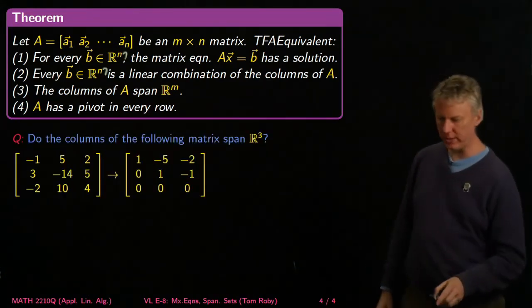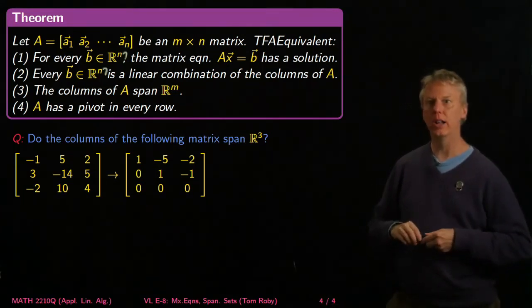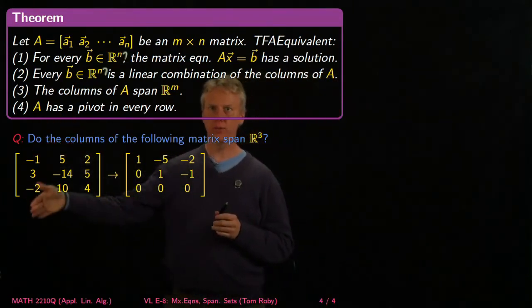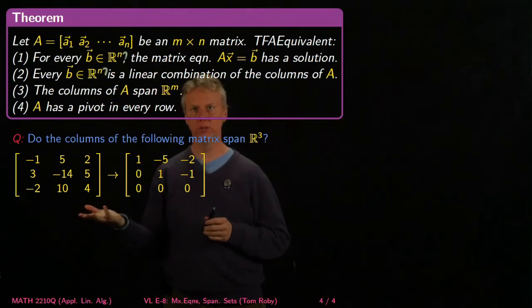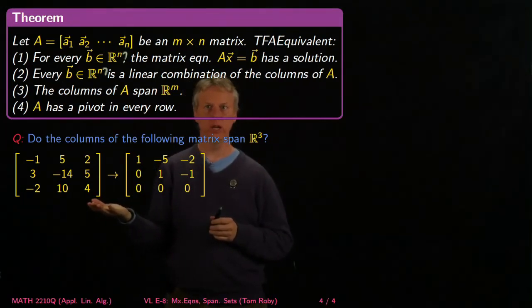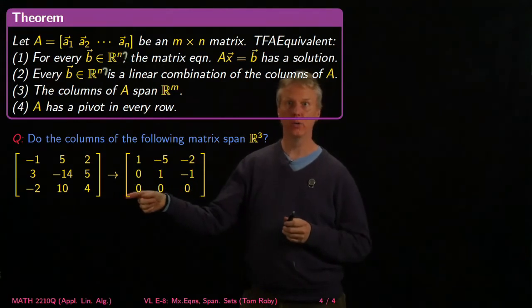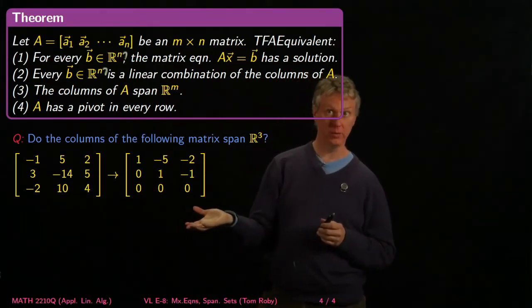So let's look at a few examples before we quit. So suppose we have the columns of this matrix in R^3. So we've got 3 columns. We do the row reduced thing, and we get a row of all zeros, and that means that we don't have a pivot in every row.